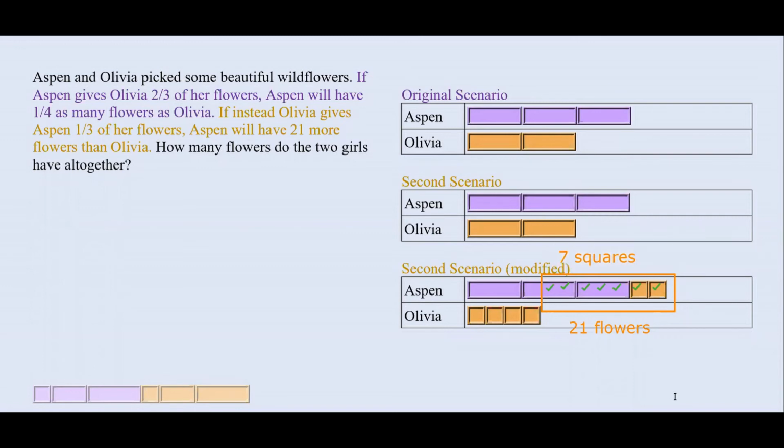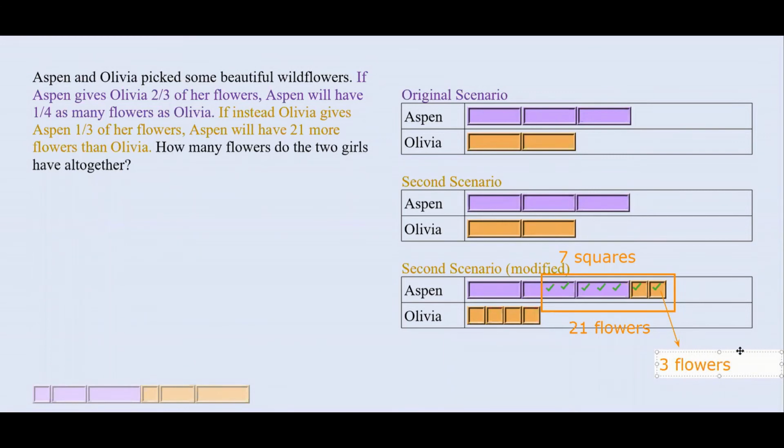That allows me to conclude that each square must represent 3 flowers. 21 divided by 7 is 3. So each square is worth 3 flowers. Okay.